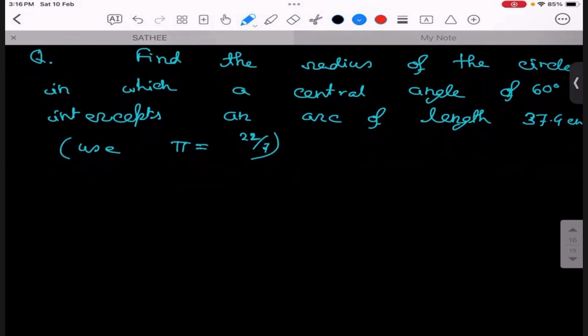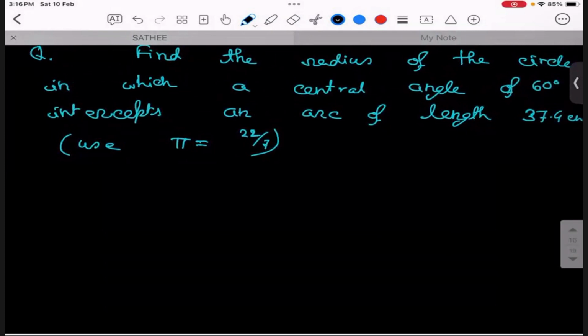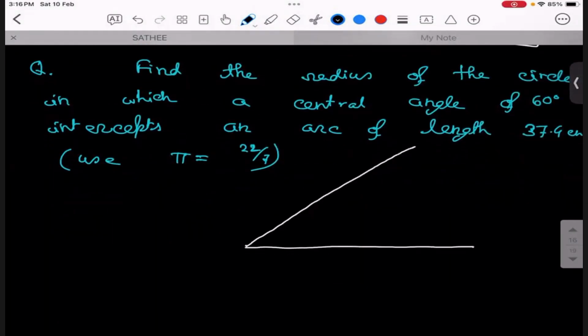So let us understand the question. Find the radius of the circle in which a central angle of 60 degree intercepts an arc of length 37.4 centimeter. Let us draw the diagram first. If this is our starting point, and it says that it made a 60 degree angle, suppose this is our 60 degree angle.